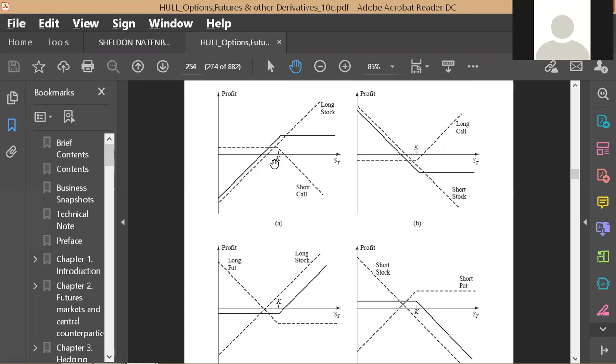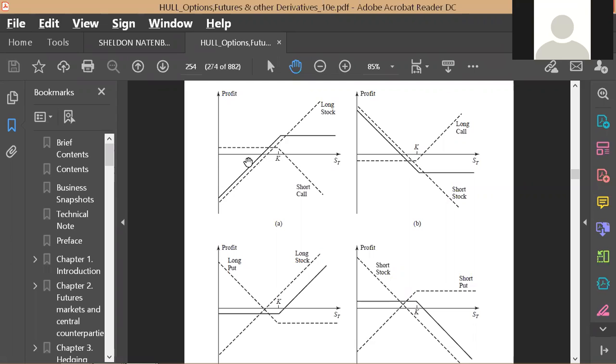How much can I make? How much can be made by anybody holding a long position in the option, by exercising the option, buying or selling the underlying, and then squaring that position in the market? So you use that logic.